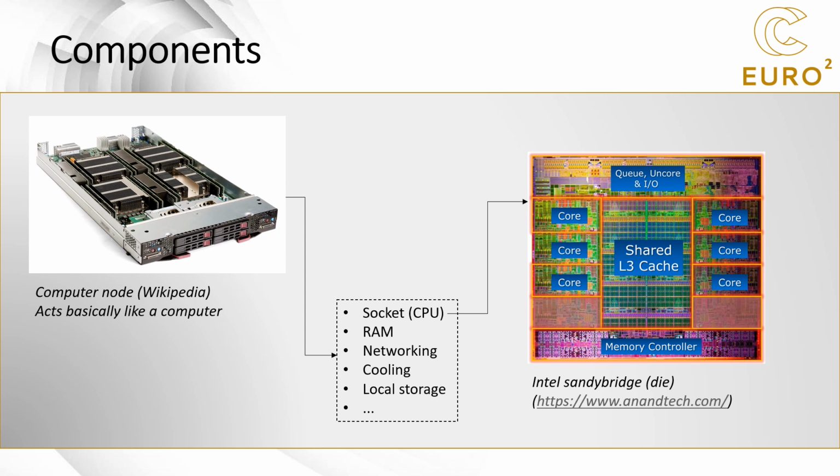These nodes are stacked in large racks that allow for cooling. Each node is composed of one or a few CPUs, but also some RAM and a little storage. Each CPU is composed of several cores, and each core can work on a different task. A shared cache is also used for the communication between each core.